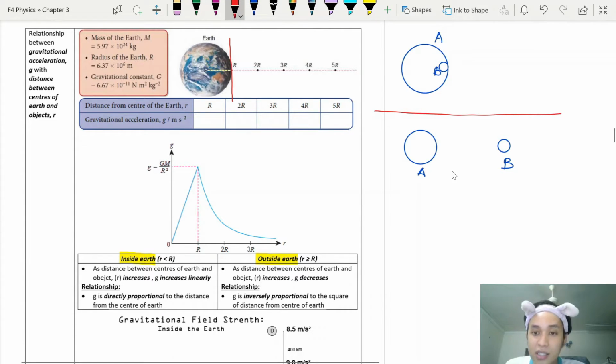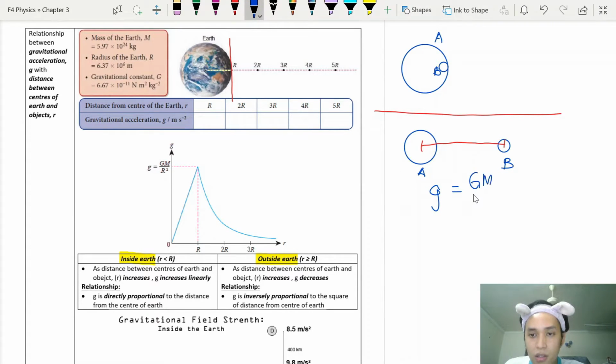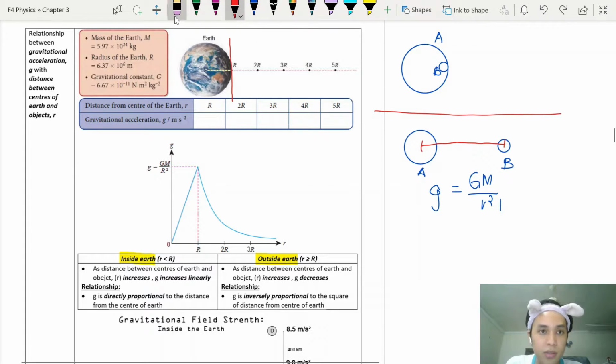So if we take the distance between the centers of the two objects, this formula is true, whereby if the radius increases, or the distance between the two increases, your gravitational acceleration decreases. So this is correct.